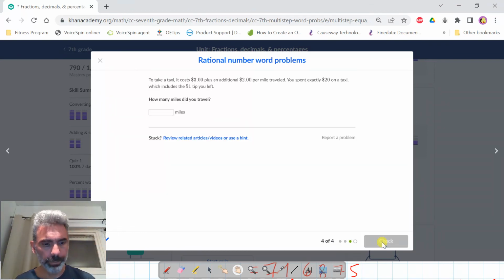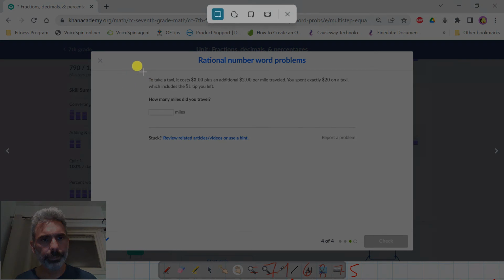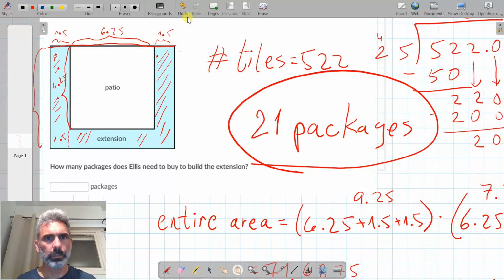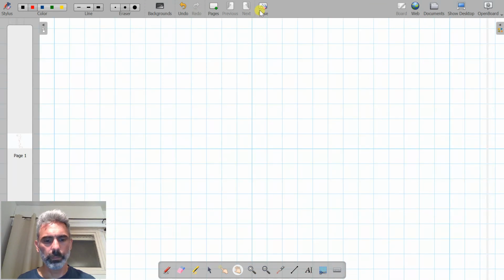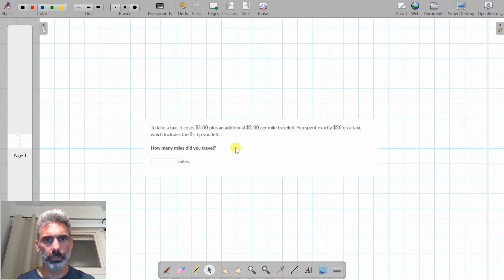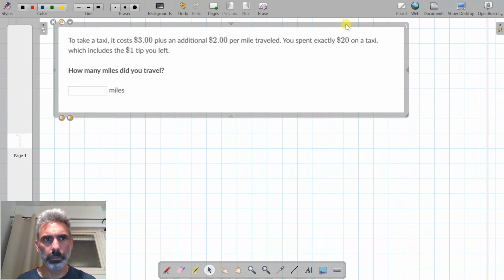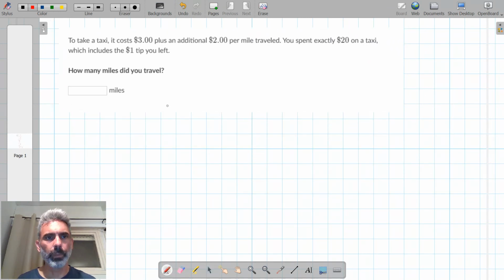Next question. To take a taxi, it costs $3 plus an additional $2 per mile traveled. Okay.